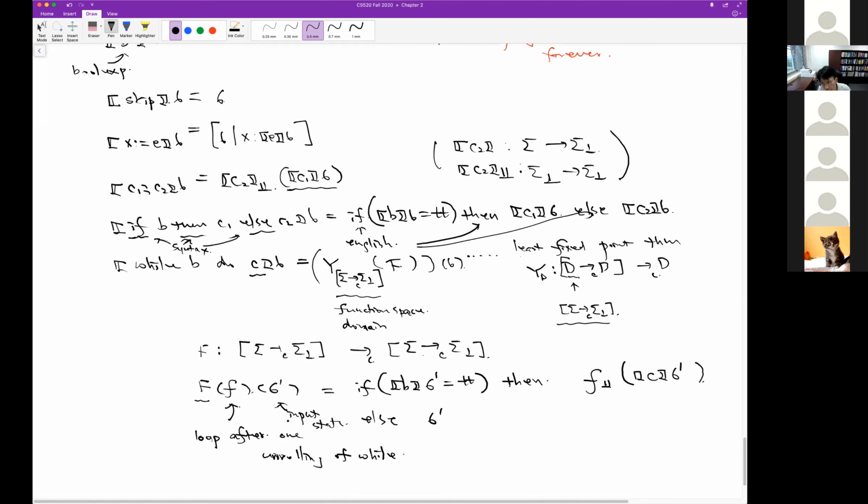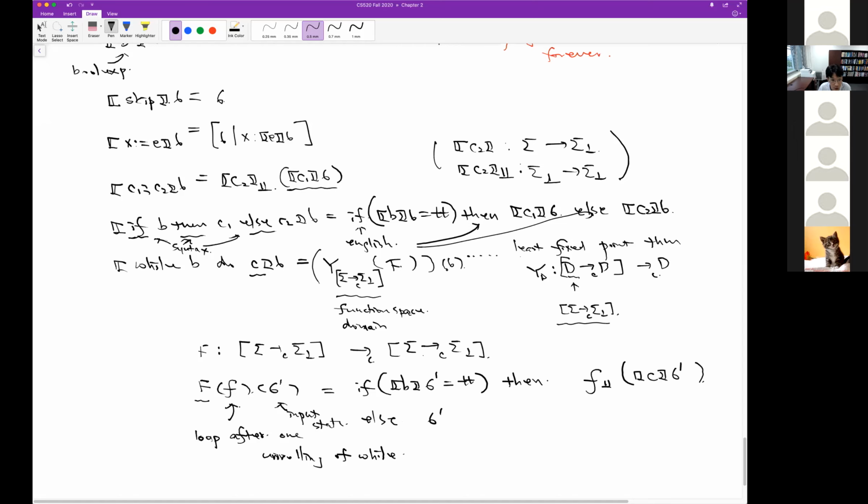So this capital F expresses what's happening in the loop in a more general manner. Then we can apply this fixed point operator, the Y operator, to F, and that will give us the meaning of these while loops. And then we can apply the entire thing to the input state sigma.